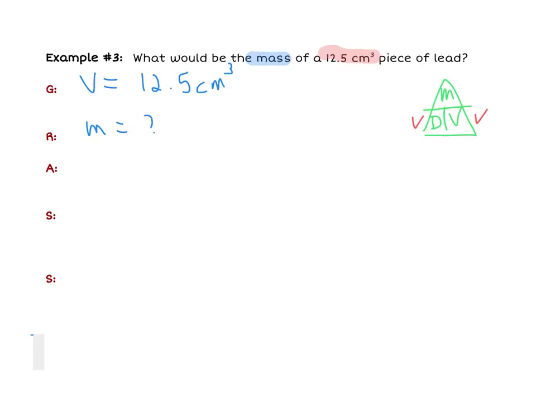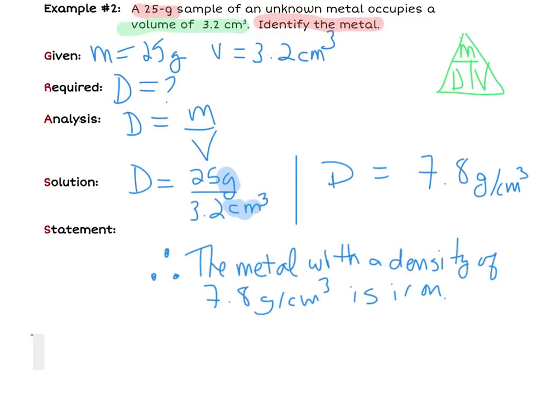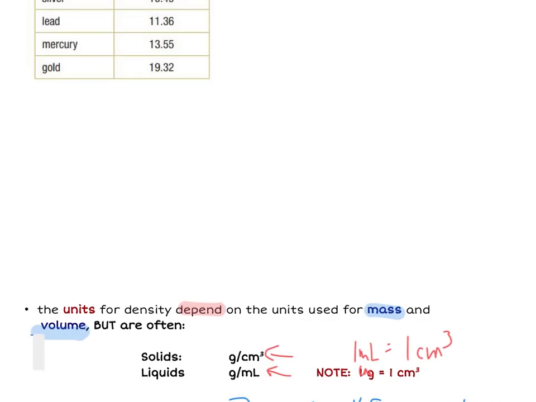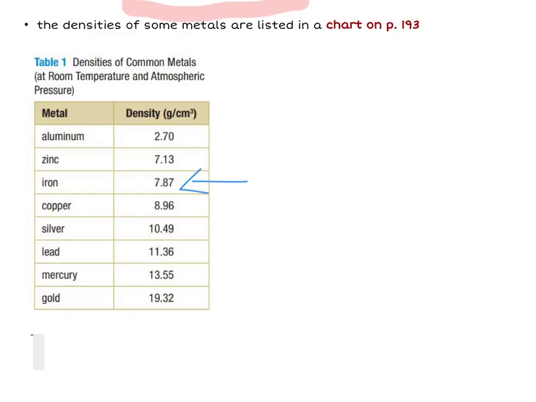Well, one thing that I noticed is that they told me that it was lead. And so now I need to go all the way back to my chart and see that in this case, it's telling me that my lead has a density of 11.36.